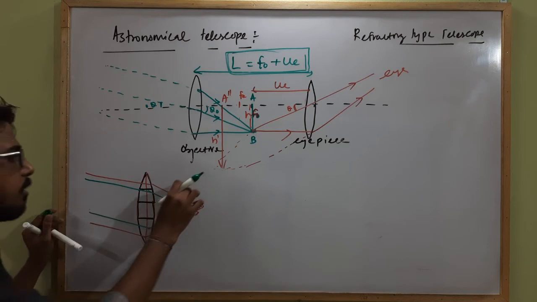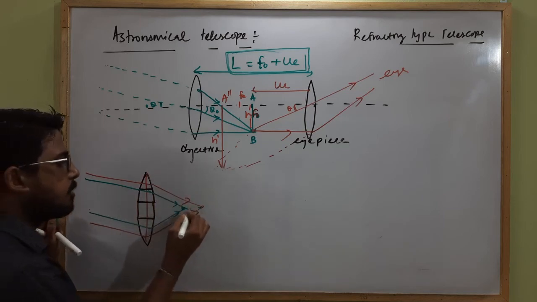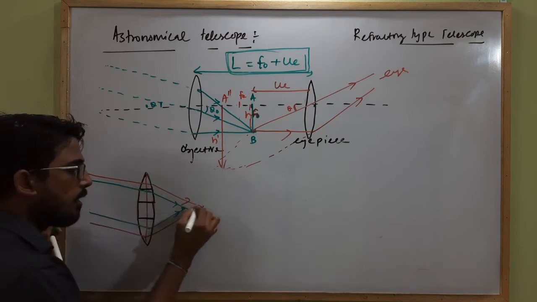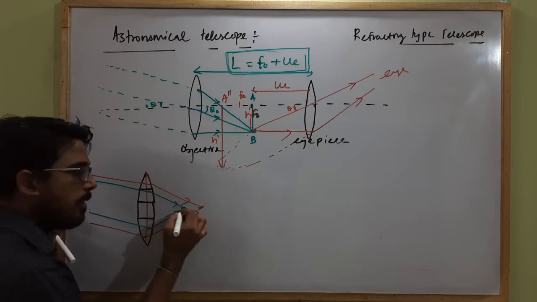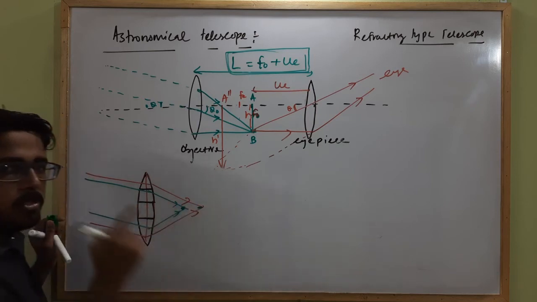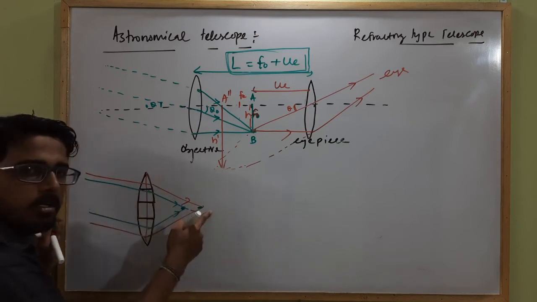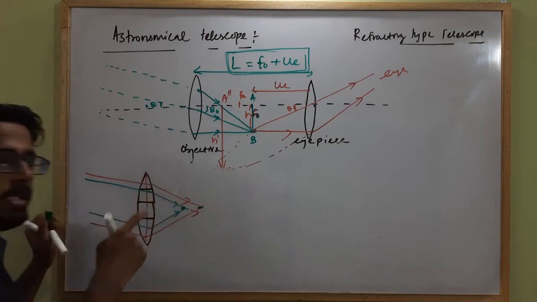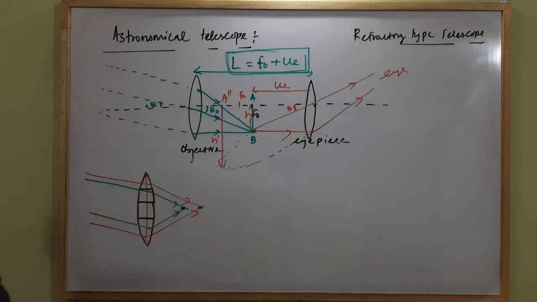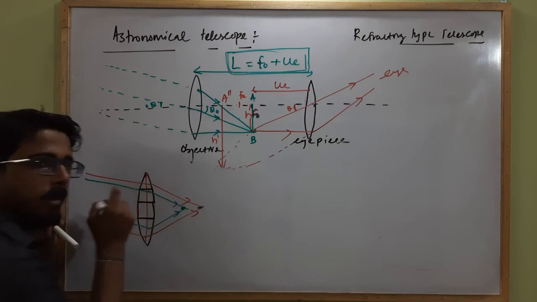So different color lights will converge at different positions, so we will get different locations of the same image in different colors. So the image will not be clear, and the image is also in different colorful formats, which is known as chromatic aberration.